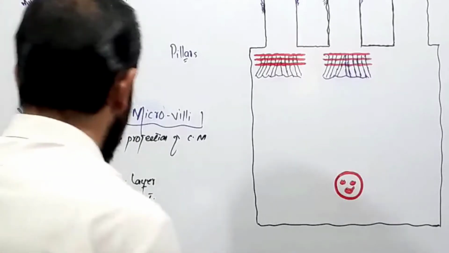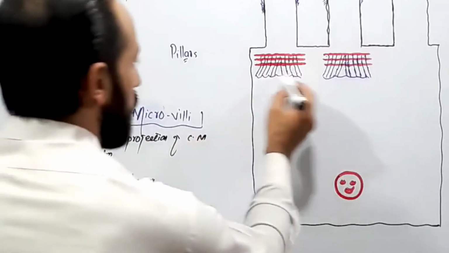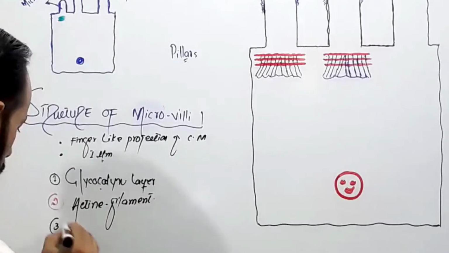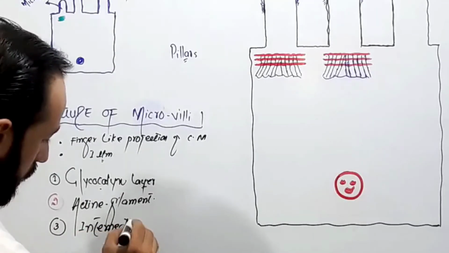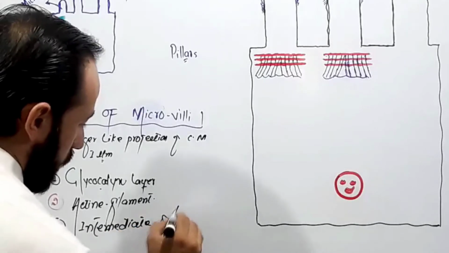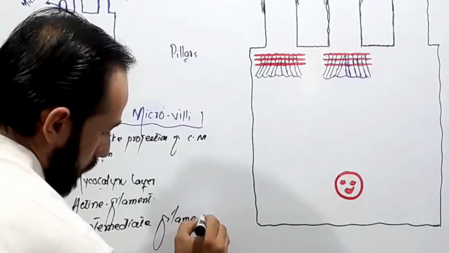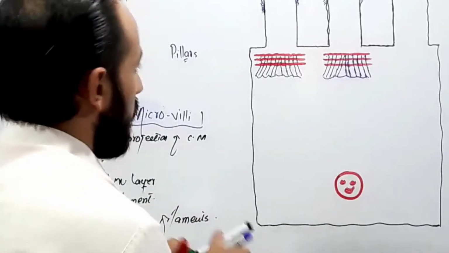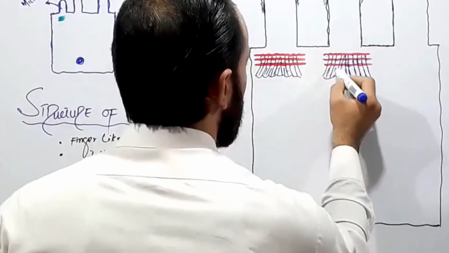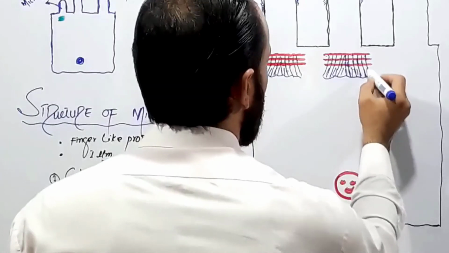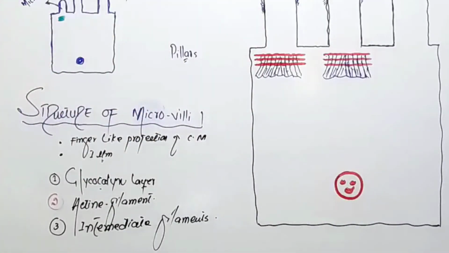Then these blue proteins are called the intermediate filaments. So intermediate filaments will anchor these red filaments into the cytoplasm very strongly, right?